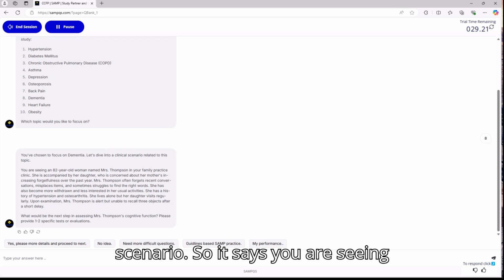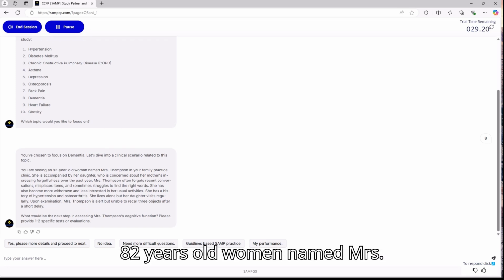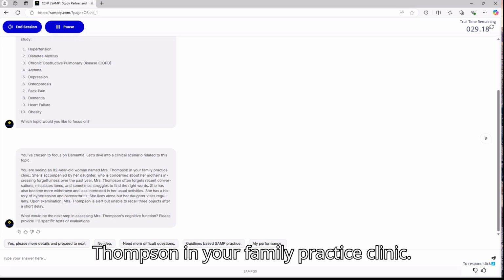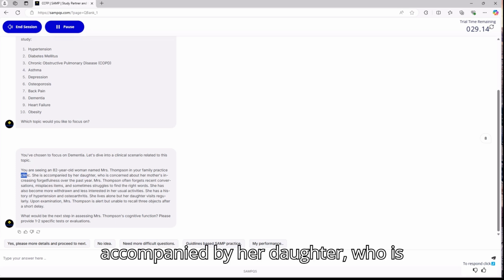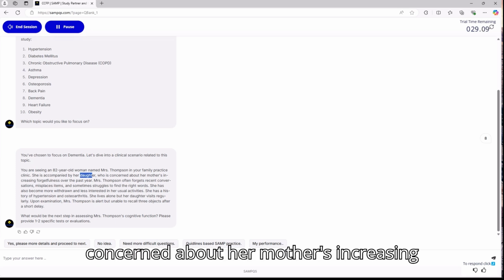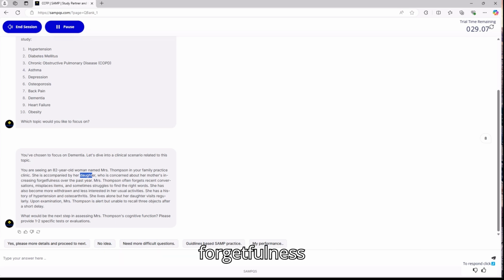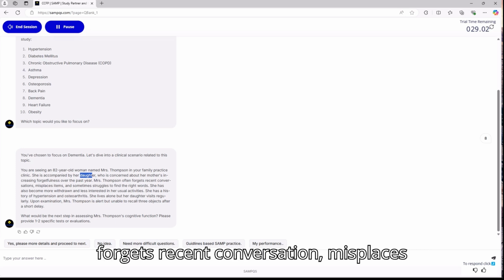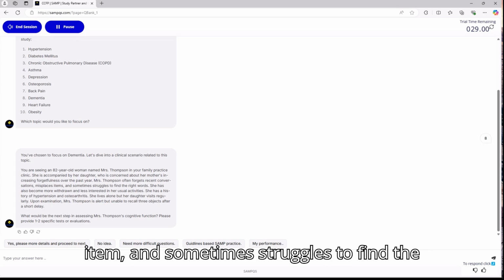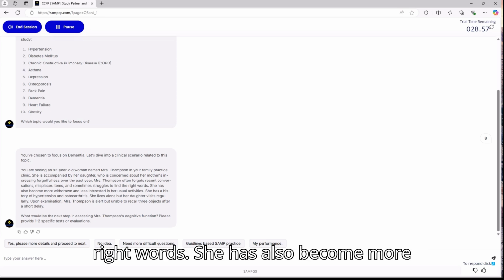So it says you are seeing an 82 years old woman named Mrs. Thompson in your family practice clinic. She's coming to your clinic accompanied by her daughter, who is concerned about her mother's increasing forgetfulness over the past year. Ms. Thompson often forgets recent conversations, misplaces items, and sometimes struggles to find the right words.